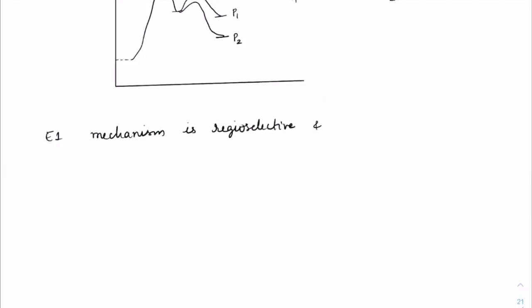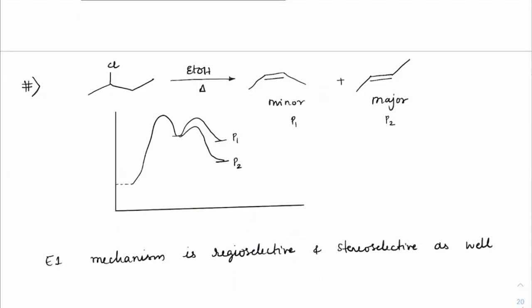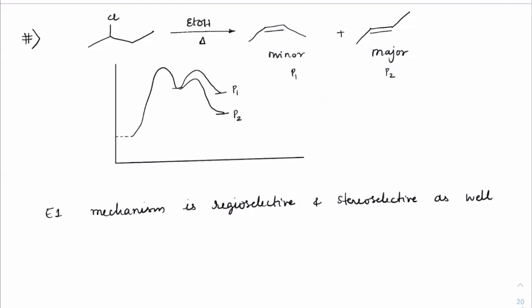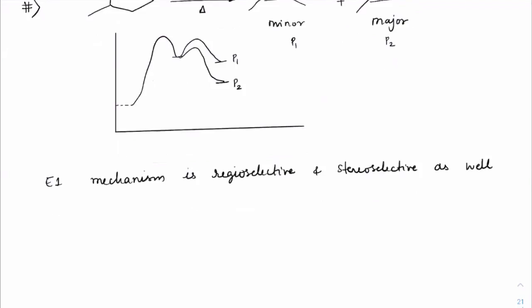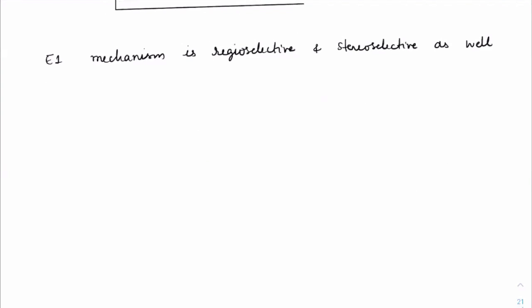And it is stereoselective as well. So therefore, given any molecule, we must be able to choose which is going to be the major product. E1 is definitely a regioselective and stereoselective mechanism.